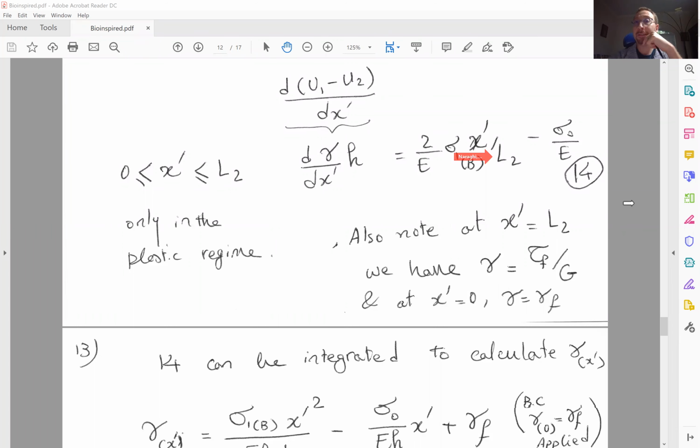Sigma 1 at B depends on L2 as well, but I don't know what that is. And the other thing is, I defined a parameter x prime, but in reality, I don't know where to start x prime from.